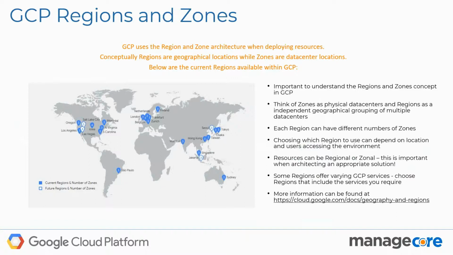So you can put these environments within different regions, and within these different regions, you select which zone you would like it in. And I'll get into HA and DR topologies in another slide, but the other part you want to take into consideration is the amount of resources that GCP has in each region.